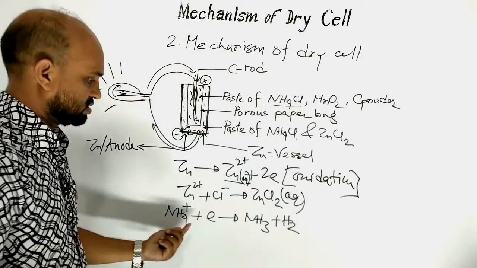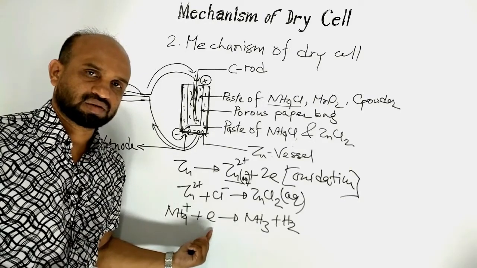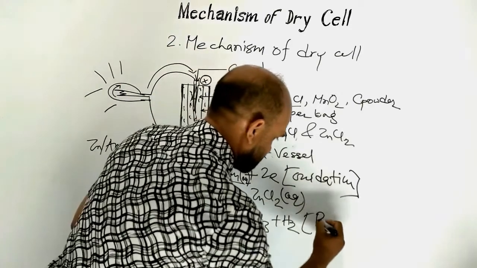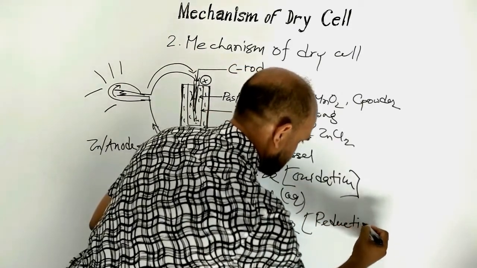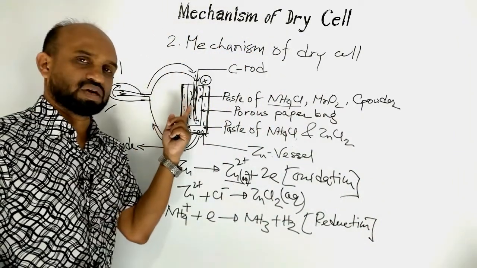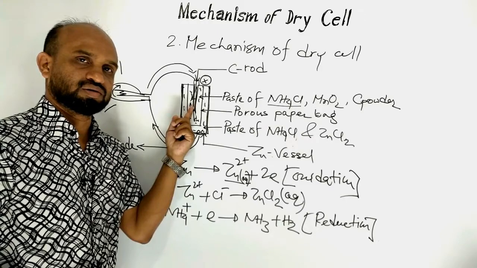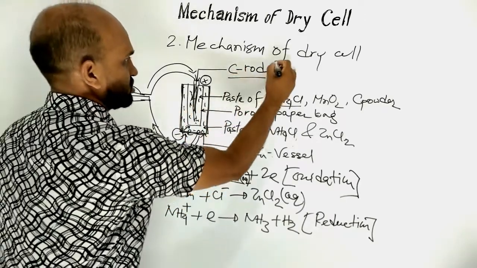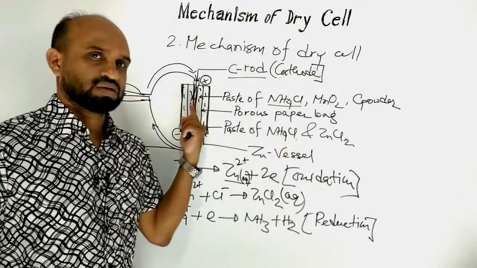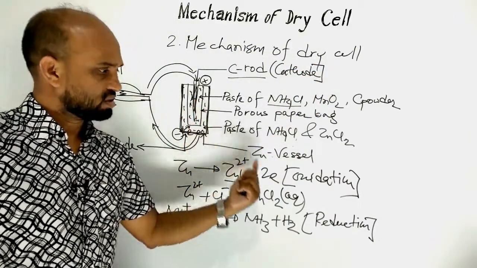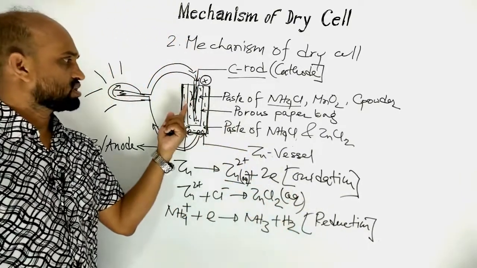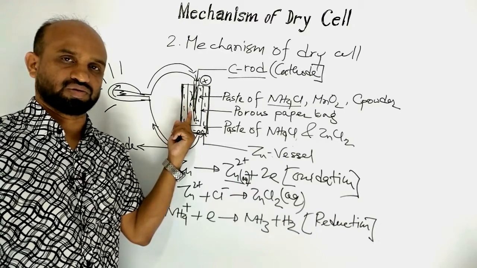That is, here acceptance of electron is occurring, which is called reduction. This reduction reaction is happening at the carbon rod. That is why this is called cathode. The electrode where reduction happens, that is called cathode. So here carbon rod acts as cathode.